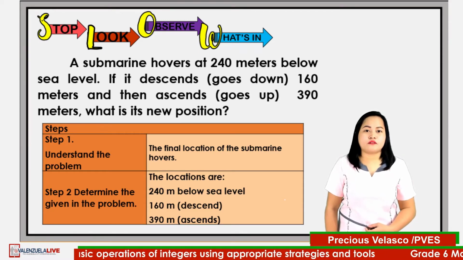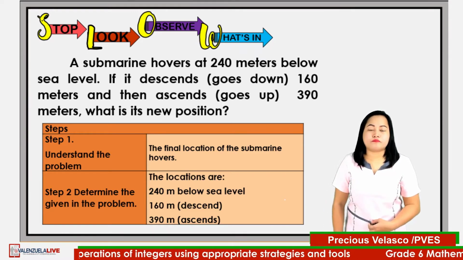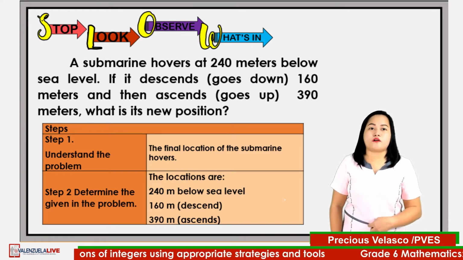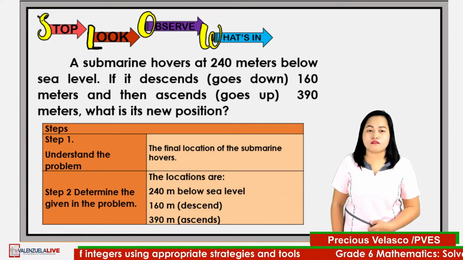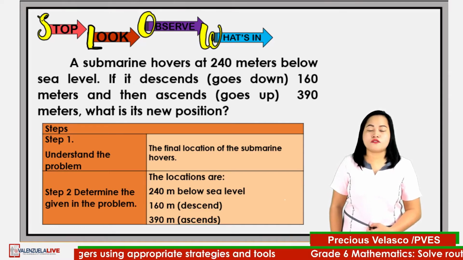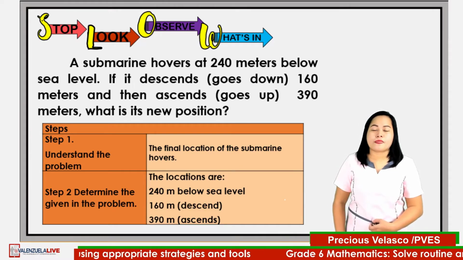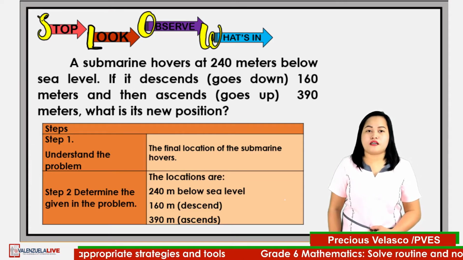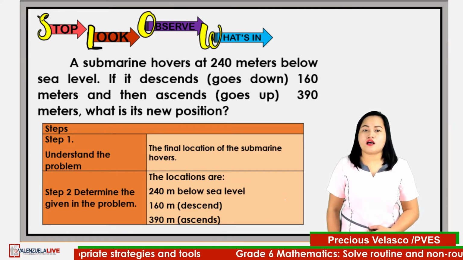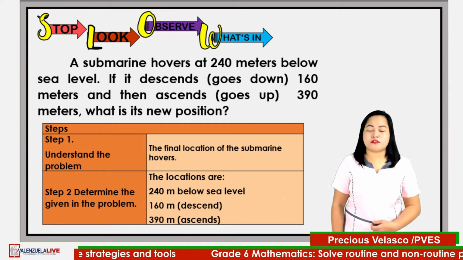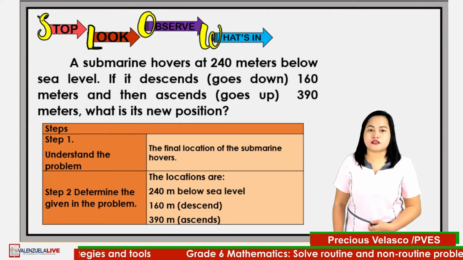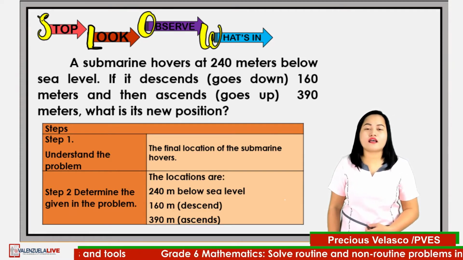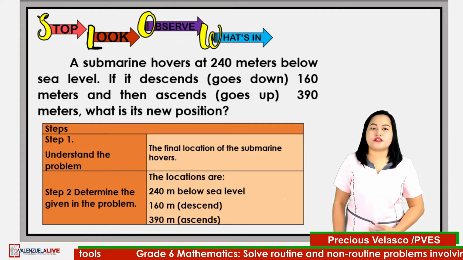So we have the question in our problem: we are going to find out the final location of the submarine. And to determine the given in the problem, the locations are 240 meters below sea level, 160 meters descend, and 390 meters ascend.